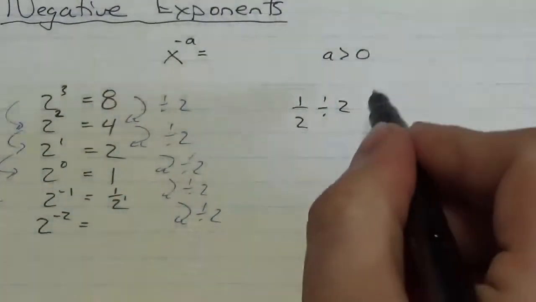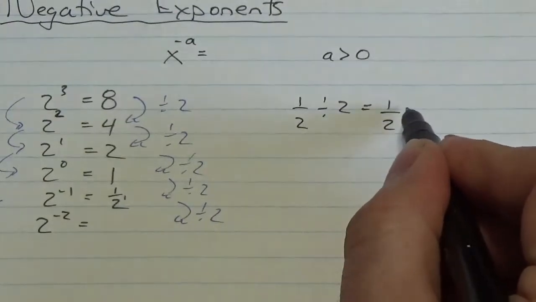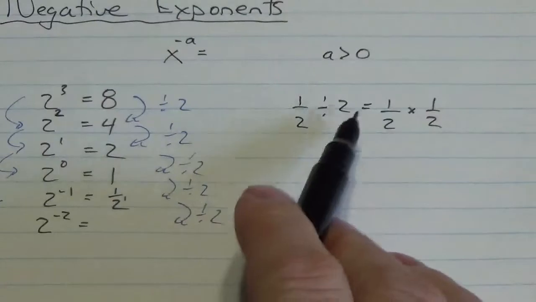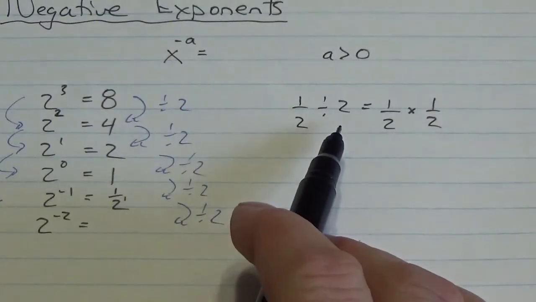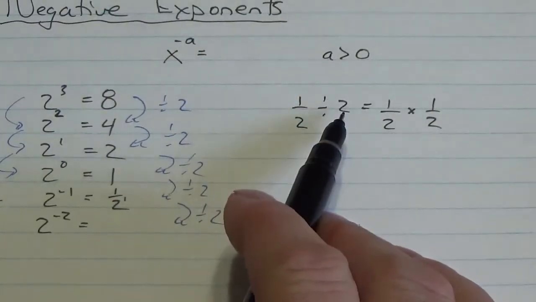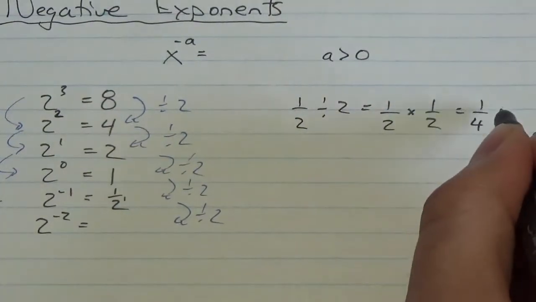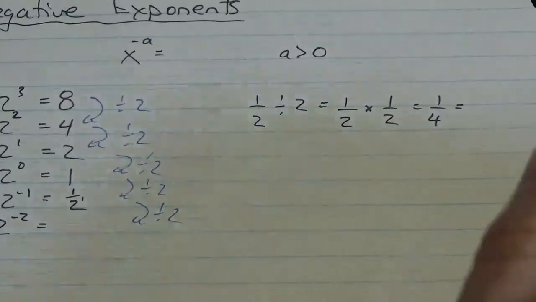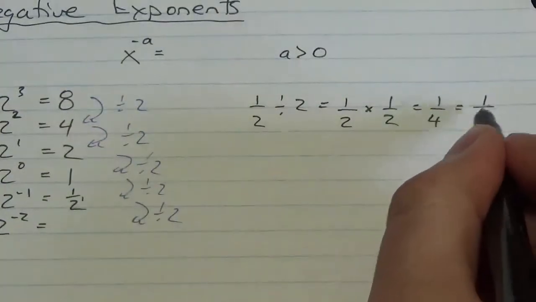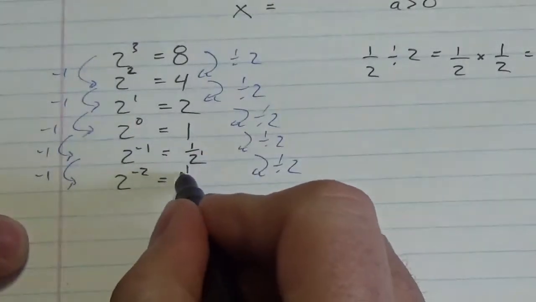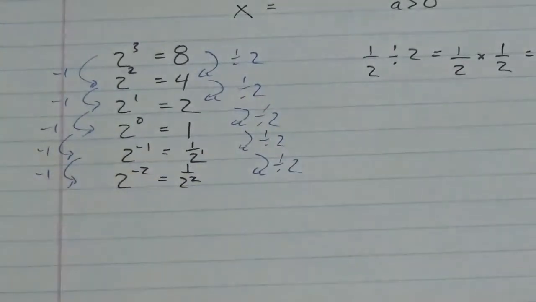Bear in mind that when you're dividing fractions, you can change it into multiplication by multiplying by the reciprocal. But it's always the divisor that you're reciprocating. So I'm going to reciprocate this 2. So 1/2 multiplied by 1/2, well, that's 1 over 4. Or, just to make this consistent, I'm going to write this as 1 over 2 squared. And I come over here and write this as 1 over 2 squared.